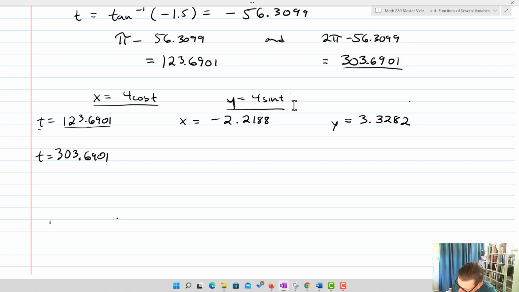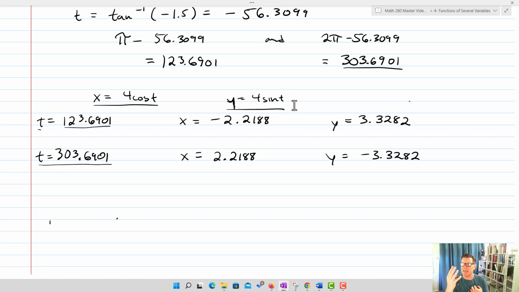If I take t now equal to 303.6901, then x is going to equal now 2.2188, and y will equal negative 3.3282. Okay? So these are now critical points along our boundary. We now need to calculate those.